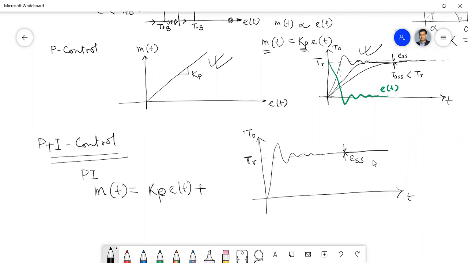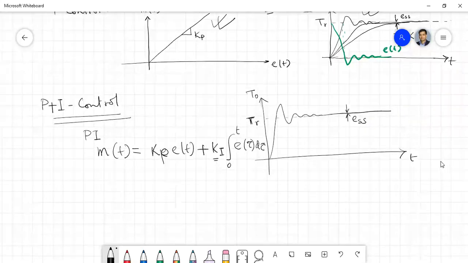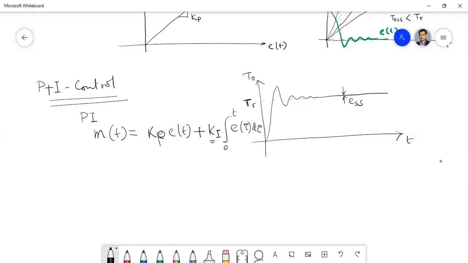Integral means 0 to t, integration of the error. The integral constant is Ki. The disadvantage of this PI controller, a very well known control, is that it doesn't have any control on the transient part of the response; rather it deteriorates the transient part of the response.